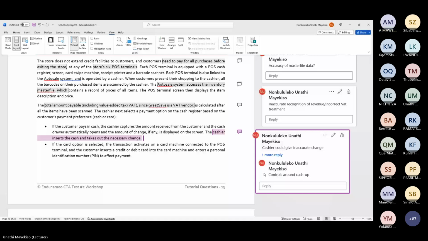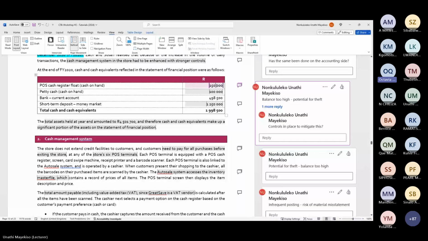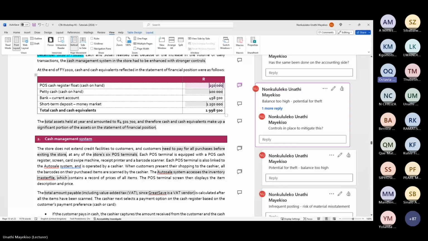Thank you. Okay. But can we set up a limit so that when the cashier reaches a certain amount, maybe they take out their float? That's why we also spoke about the float of 150,000 being too much. It's just to reduce the risk of loss. So can't you set it that when a cashier reaches a certain amount, they should stop operating at the till?